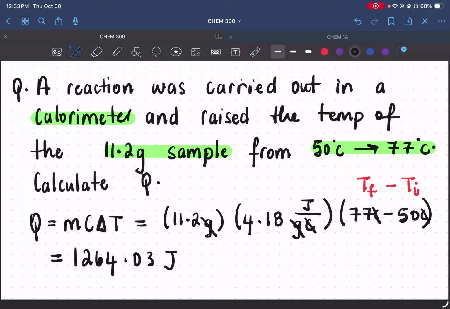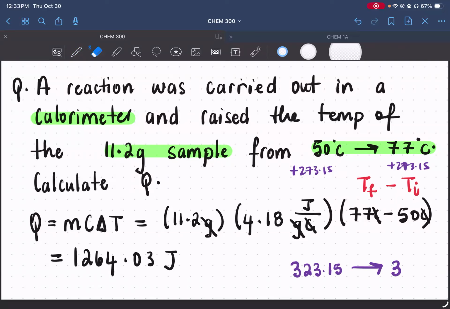Why is that? Well, if I did convert to Kelvin, meaning if I did add 273.15 to each of these, then the temperature would have become 323.15 going to... let me put it in my calculator.